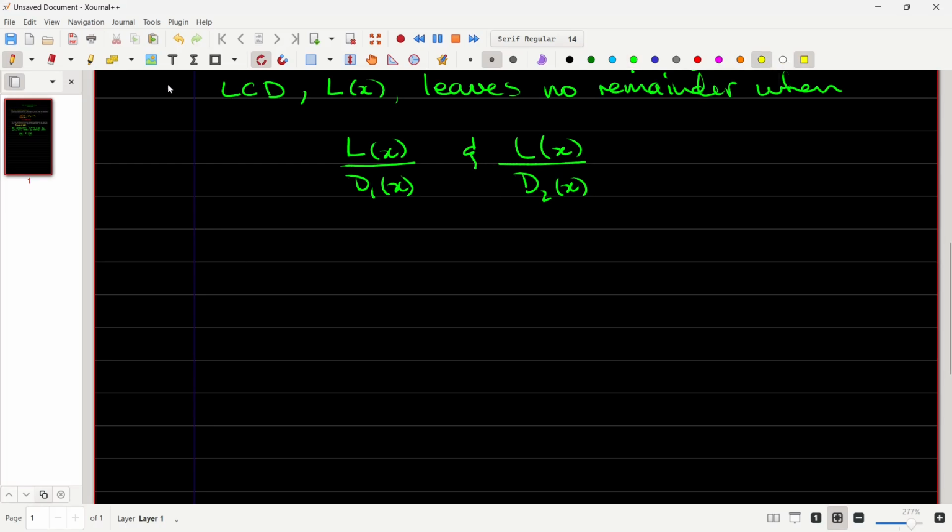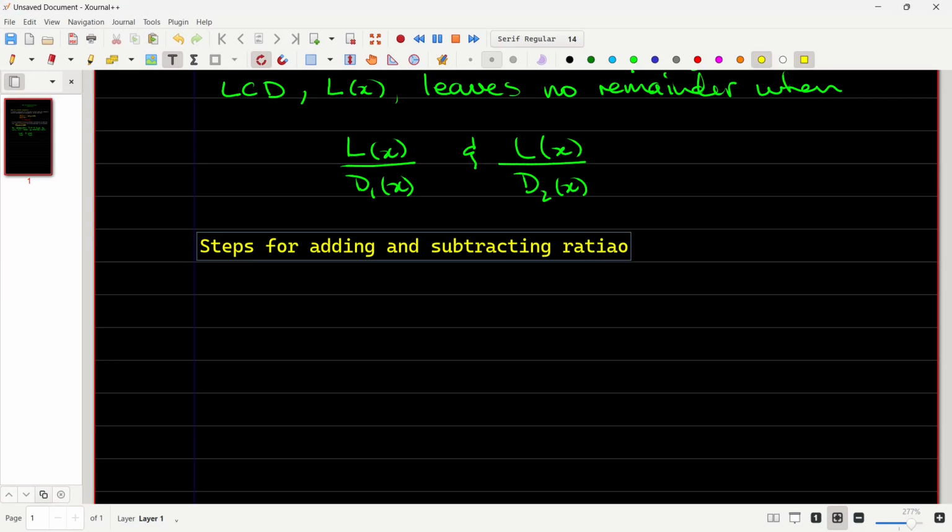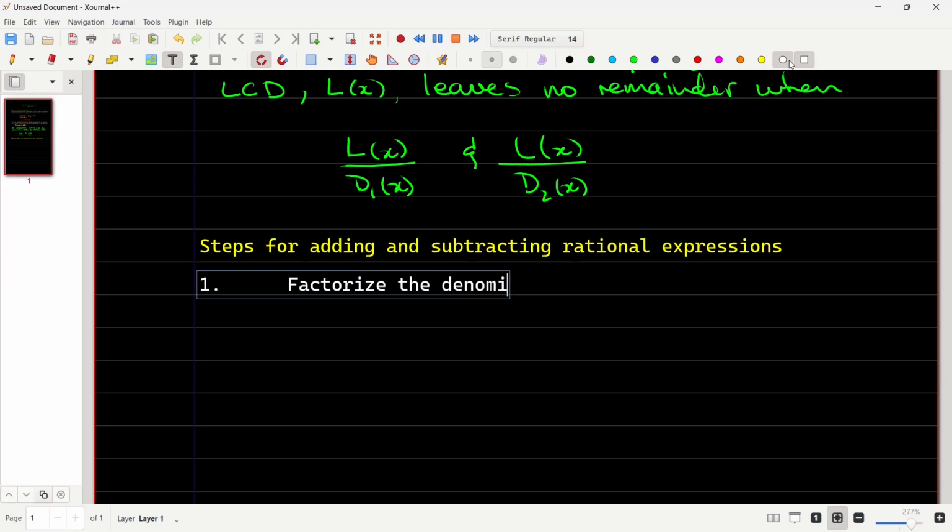So let me just put this in yellow with some text over here. And we're going to say steps for adding and subtracting rational expressions. All right. The first thing that we want to do is factorize the denominators. The next thing you want to do is determine the lowest common denominator.